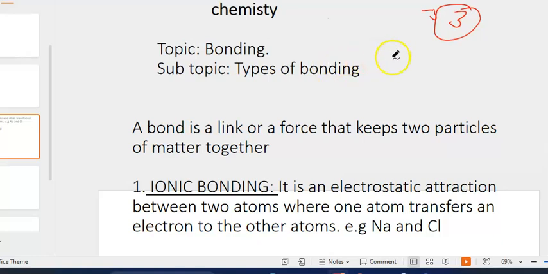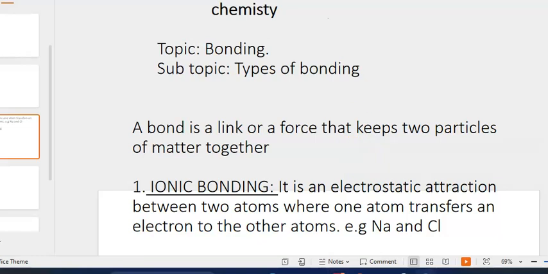So we'll start with the first type of bond that we have. The first type of bond is what we call ionic bonding. Now, what is ionic bonding?